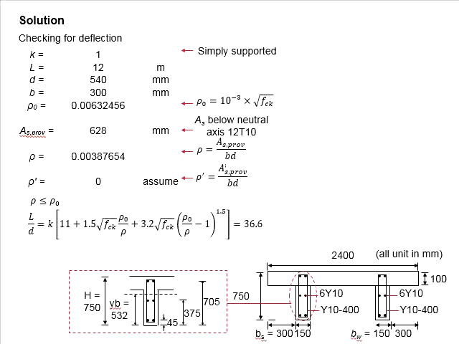Then, during the torsional design, the longitudinal reinforcement bar for the torsional resistance will be 12T10. And based on the position of the neutral axis, there will be 4 reinforcement bars below the neutral axis. That means these 4 reinforcement bars can be considered as the tension reinforcement bar.